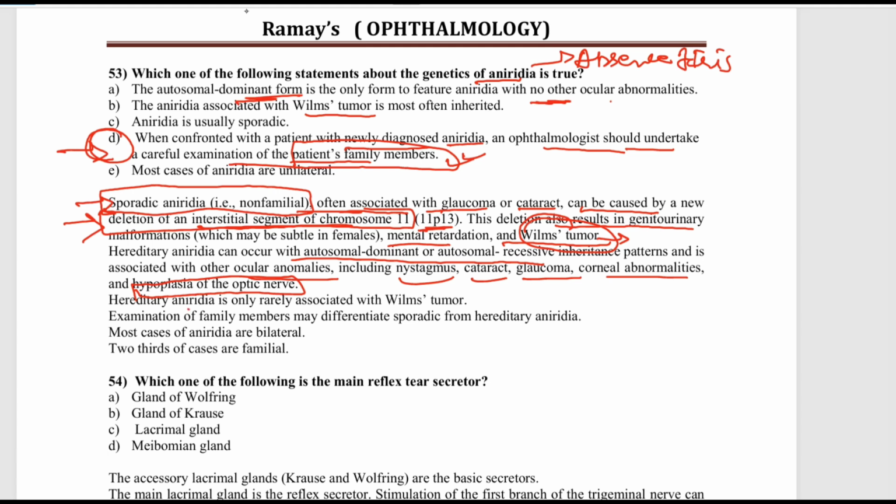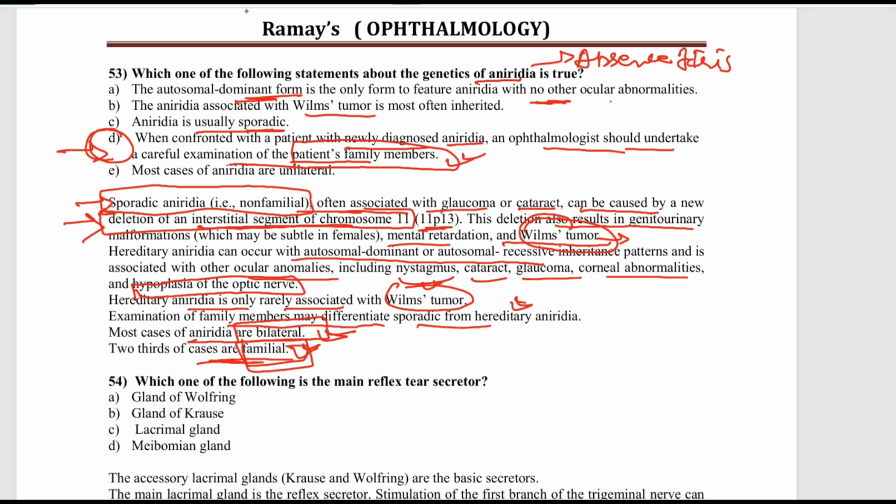The next point is hereditary aniridia is rarely associated, I have already told, with Wilms tumor. Examination of the family members differentiates the sporadic from the hereditary aniridia. Most cases of the aniridia are bilateral. Okay, bilateral. And 2/3 of the cases are familial. It means that usually the aniridia is hereditary, not sporadic. Here it was written that sporadic. So remember each of these lines.